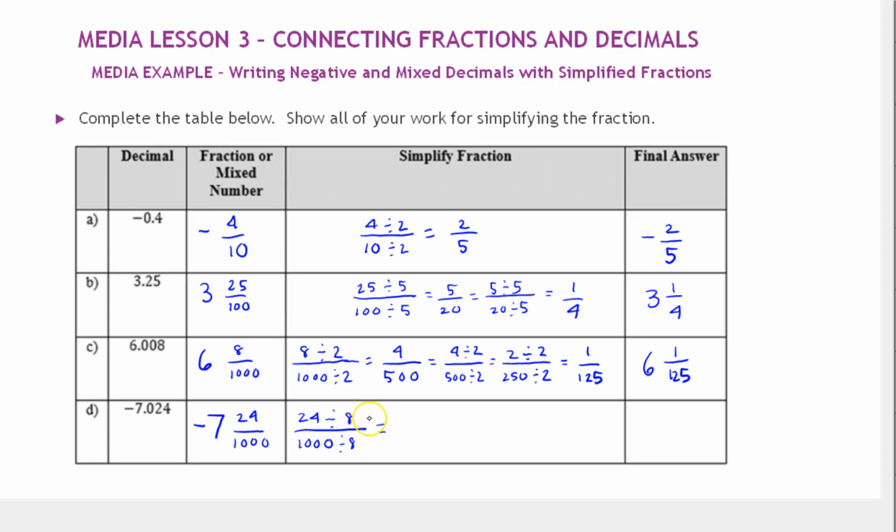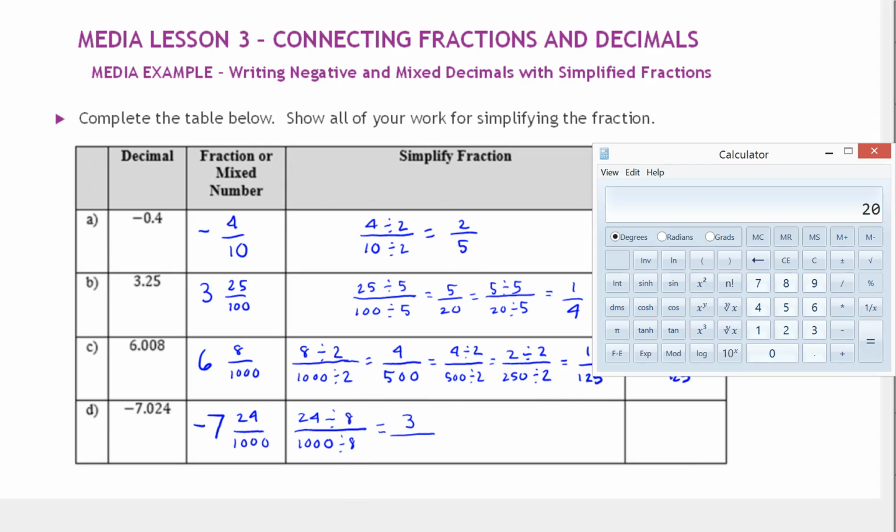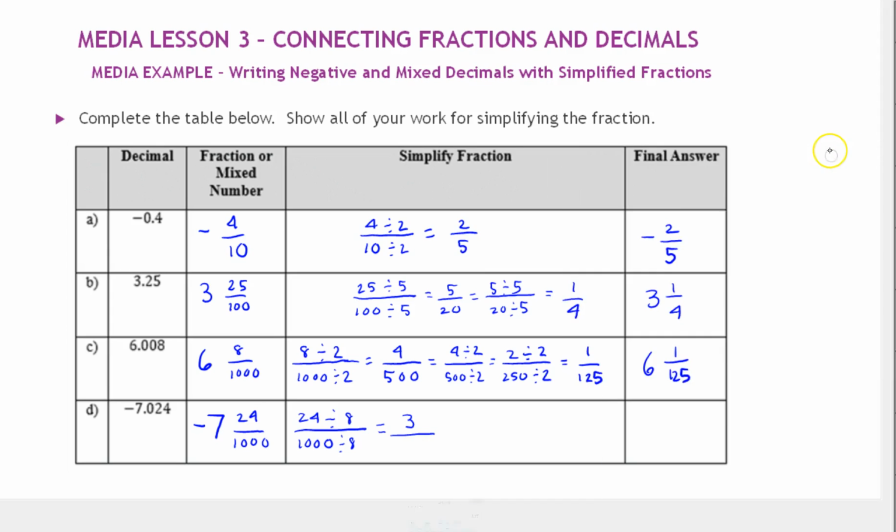So 24 divided by 8 is 3. 1,000 divided by 8, well, we did that up here, it's 125. Just to double check, or you could use your calculator to check, 125. So 24 thousandths is 3 125ths. So our final answer will be negative 7 and 3/125.